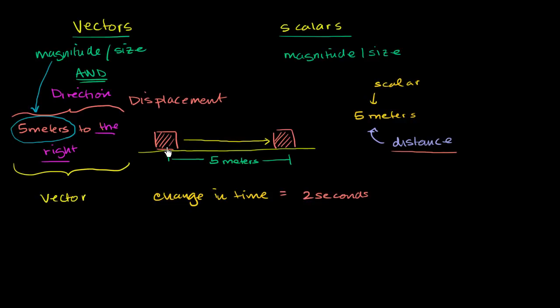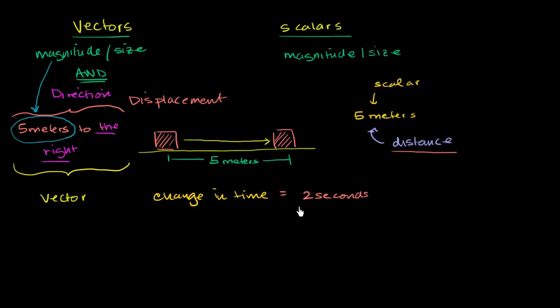So maybe right when the block started moving, my stopwatch said 0, and when it got to this position, my stopwatch said 2 seconds. So the change in time, or the duration we're dealing with, is 2 seconds.